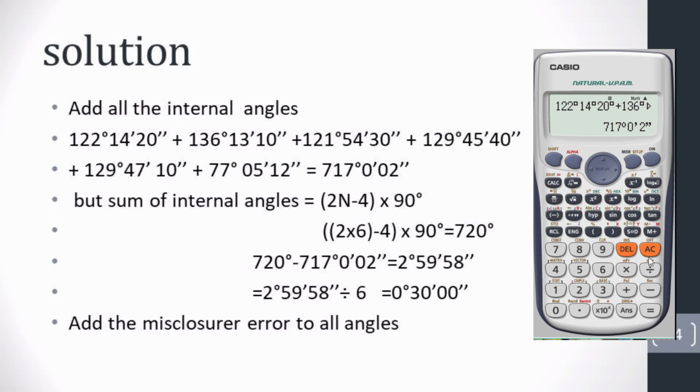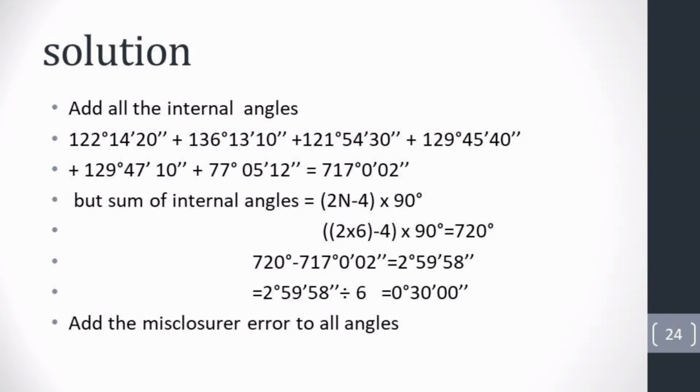But for the sum of internal angles, we have a formula: 2n minus 4 multiplied by 90 degrees, where n is the number of sides. By drawing or observing, we had a 6-sided figure. So 2 times 6 minus 4, multiplied by 90 degrees. We are supposed to have all our internal angles as 720 degrees. So there we can see an error.